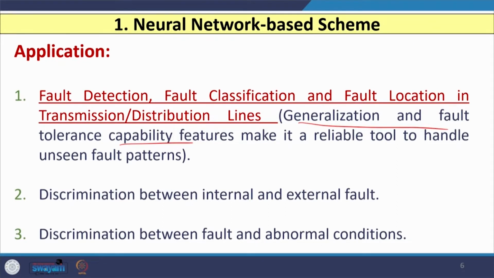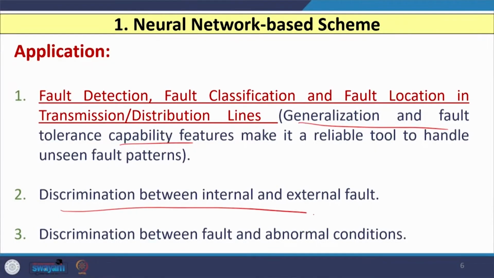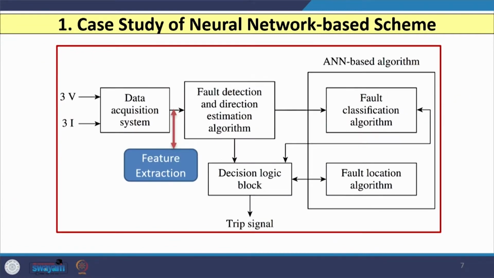Because of that, it can handle any unseen parameters, so they can be easily identified or classified. The second is discrimination between internal and external fault. In that application also we can use a neural network based scheme, and it can also be used when we wish to obtain discrimination between fault and abnormal conditions. Now, let us consider one case study of a neural network based scheme.